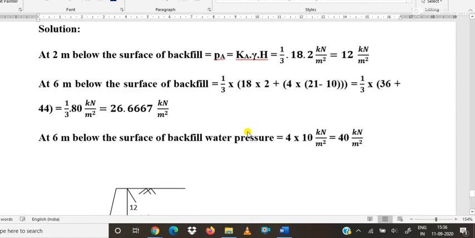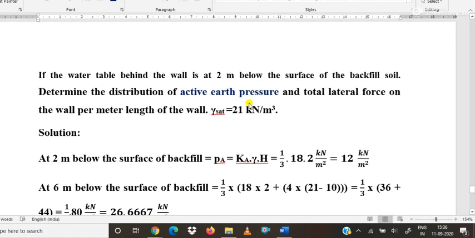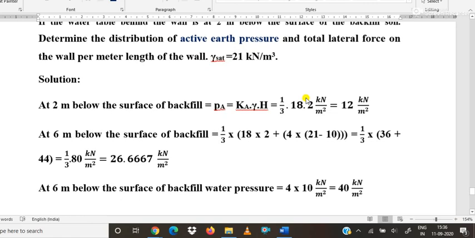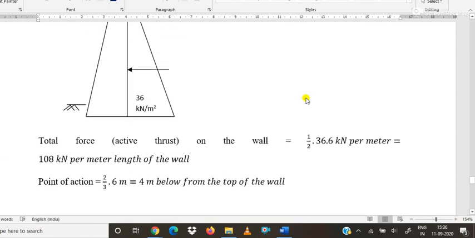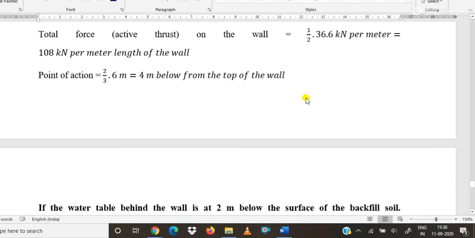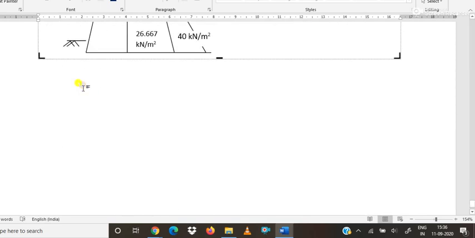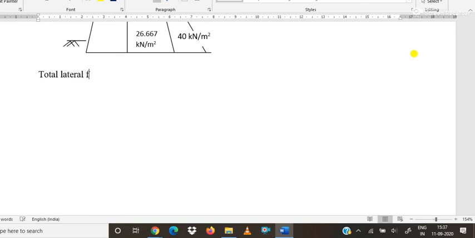Okay, now coming to the next part of the problem, that is the total lateral force, the active thrust.